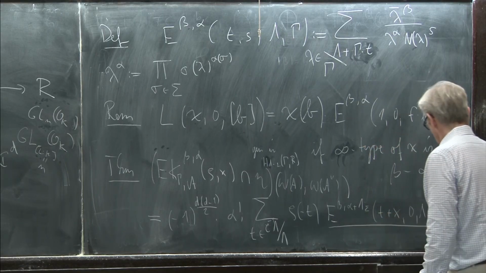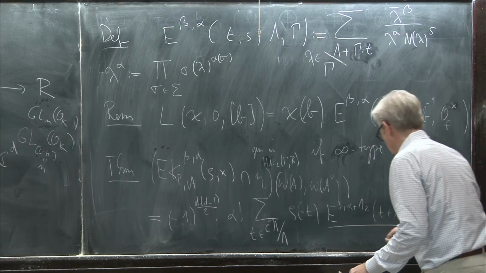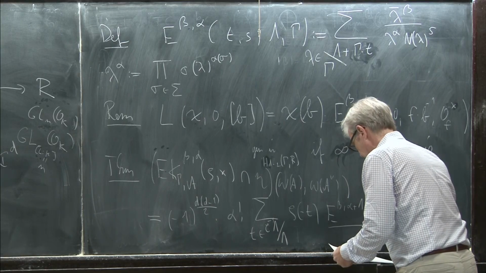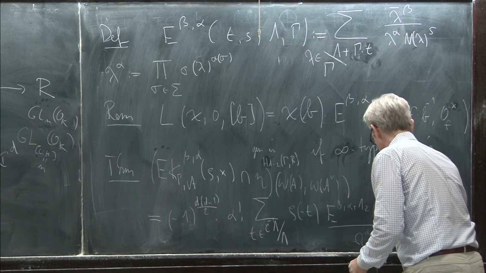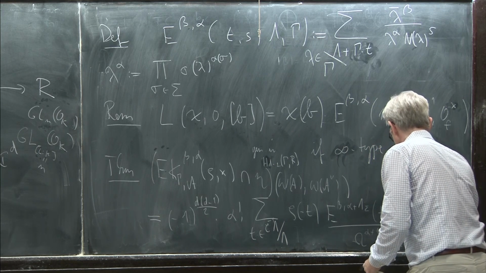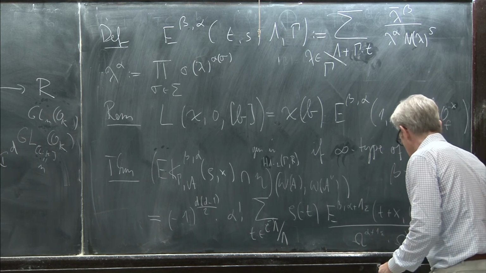And here you have to divide by omega alpha plus 1 sigma times omega beta, omega dual beta.